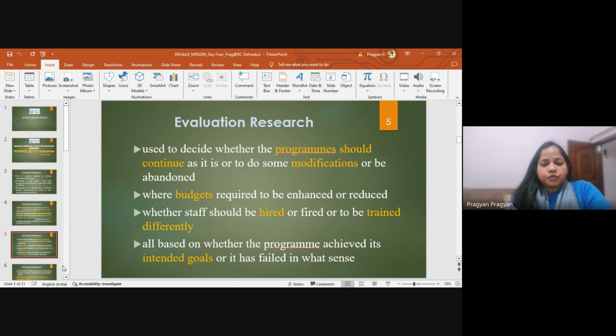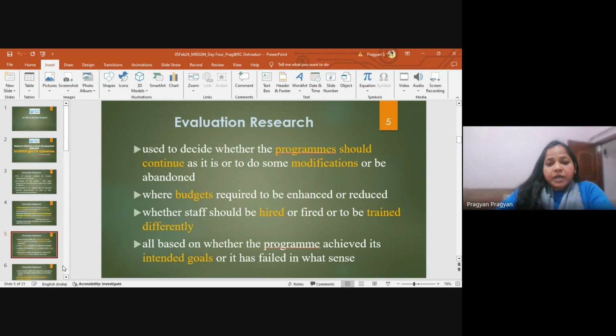Another is the short term purpose, that is budget related issues: which particular development scheme or development program requires enhanced supply of capital and enhanced supply of funding.